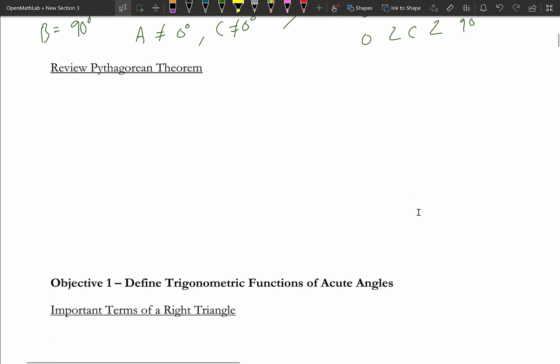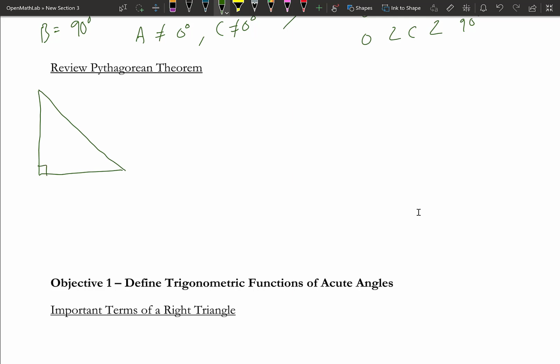One last thing that I wanted to review with you is the Pythagorean theorem. If we just draw a right triangle, the Pythagorean theorem deals with the right triangle.